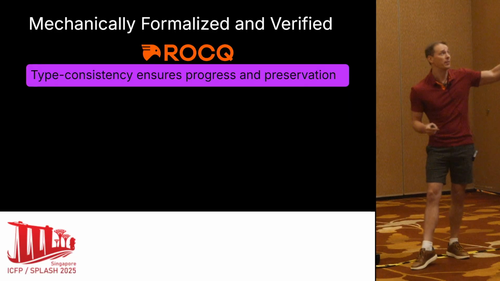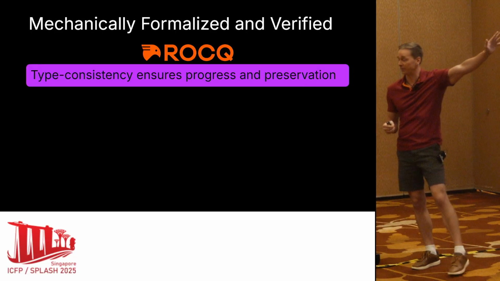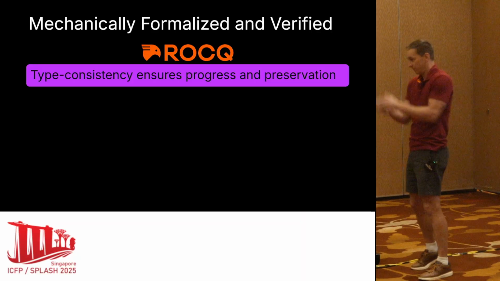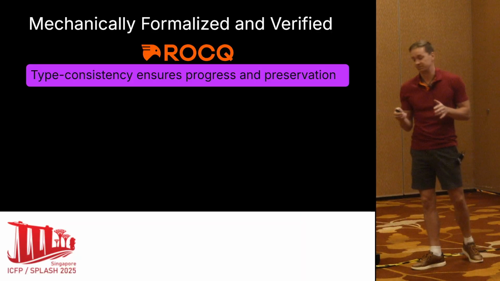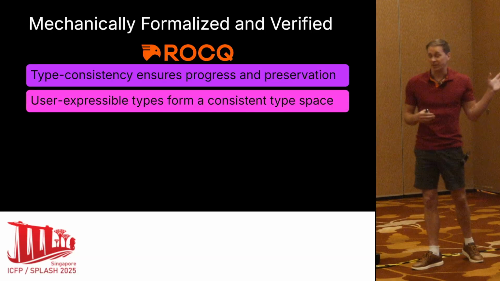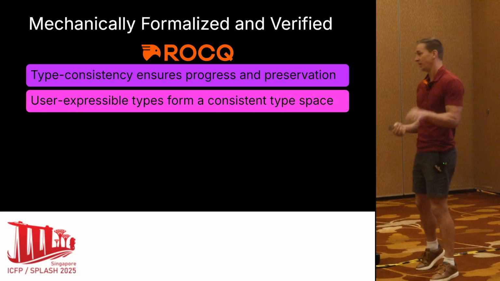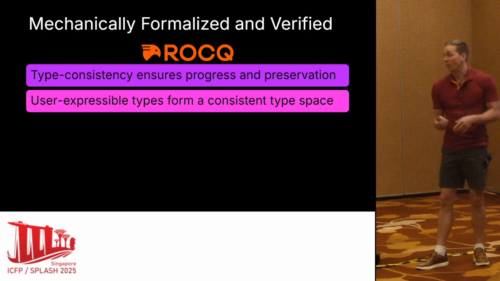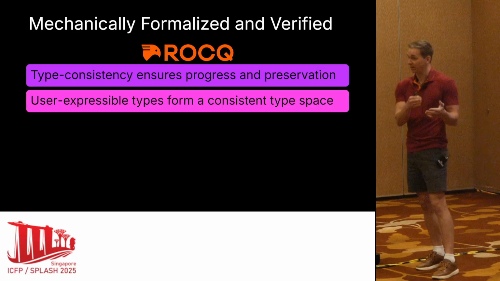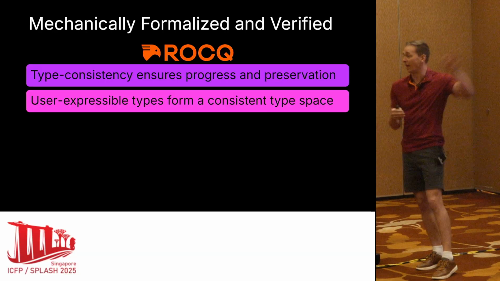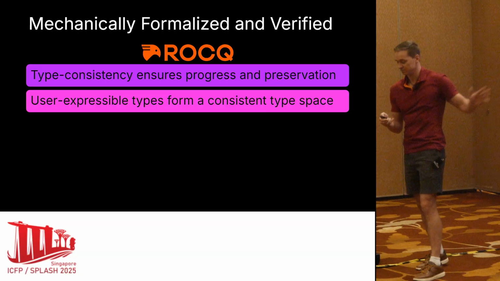I proved that type consistency does indeed ensure progress and preservation, even if we don't get a solution for the constraints. I proved that user-expressible types form a consistent type space, which means that any program that is inferable using user types is valid according to type consistency.